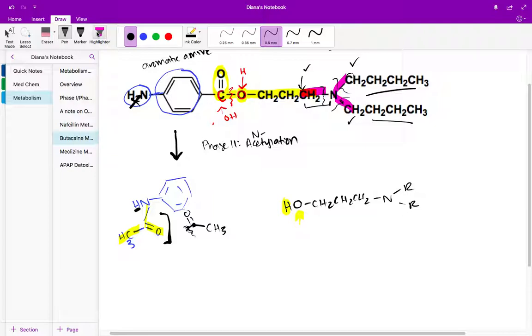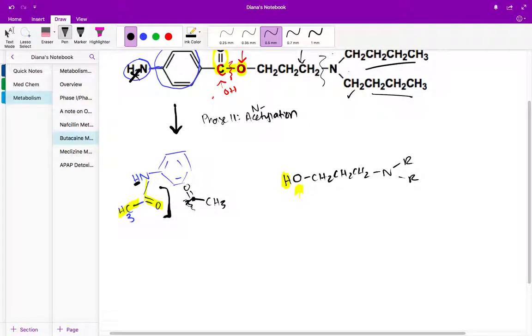So what I'm going to do is focus on just drawing out the product if I was to cleave this bond right here. Okay, so that's the bond we're focusing on right now. I know a lot is happening here, so I'm going to redraw that. I'm cleaving this bond right here. So when I cleave that bond, I'm going to redraw my structure.